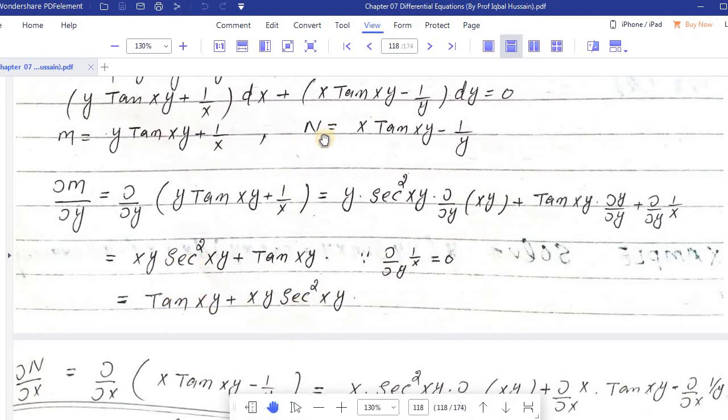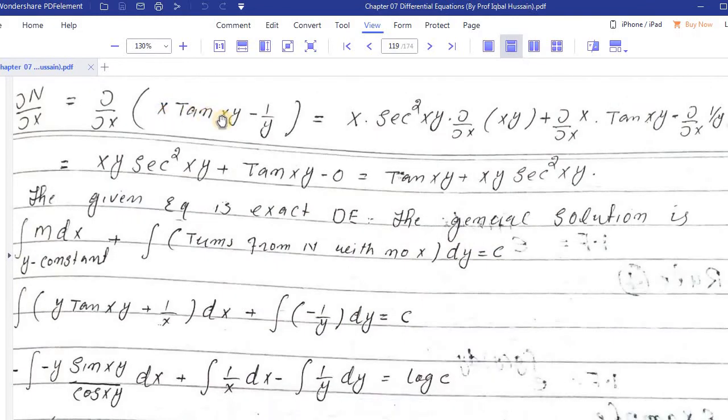Now we take partial derivative of N with respect to x, differentiating partially N with respect to x. Here we have product of two functions, so we will use product rule, and 1 over y with respect to x will be equal to 0. So here we see product rule of derivative, and del over del x of 1 over y is 0.